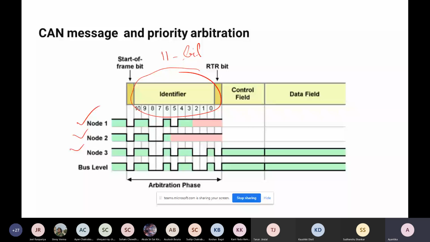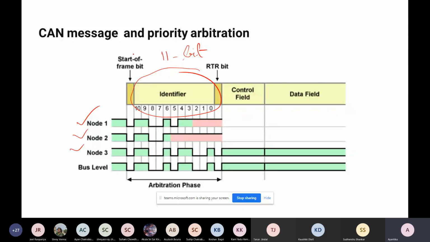Okay. So when any node is sending the message, this first bit is the start of frame bit. After that, the next 11 bits of that message frame, the data frame, need to be checked. Now the bits present in that identifier field decide who will gain the access.